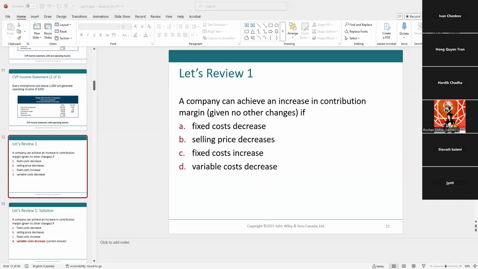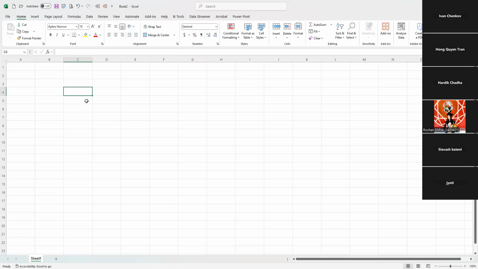Do I know how to get the contribution margin? What do I need? Sales and variable cost. Those two give me contribution margin. After that, I'm going to have fixed cost, and then operating income.